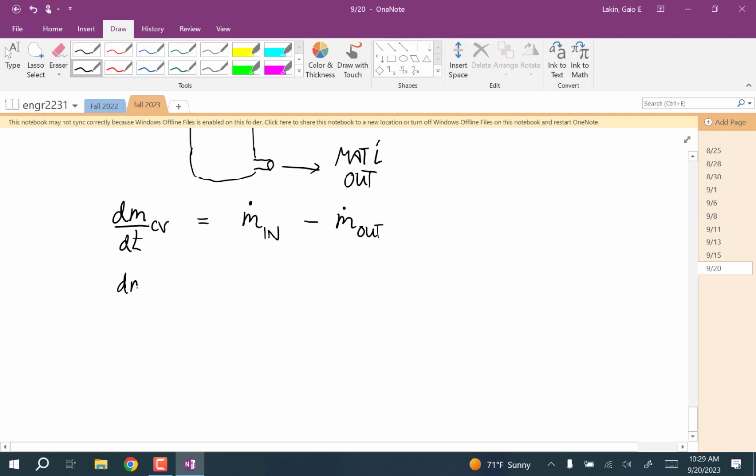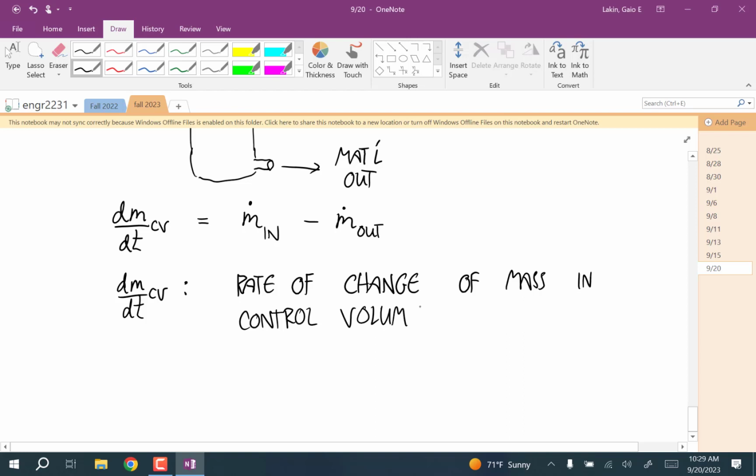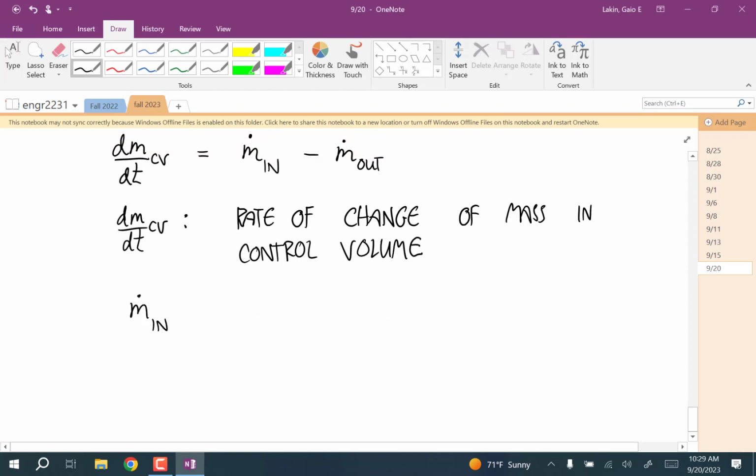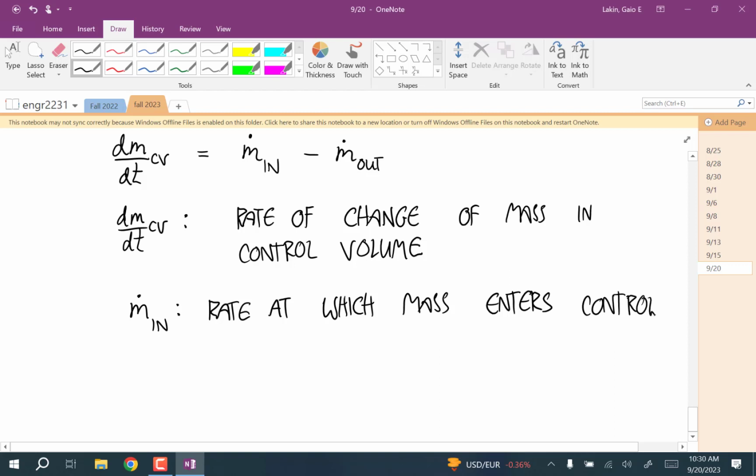So let me define these. dm/dt for the CV is the rate of change of mass inside the control volume. m dot in is the rate at which mass enters the control volume at the inlet, or if there's multiple inlets, at the inlets.